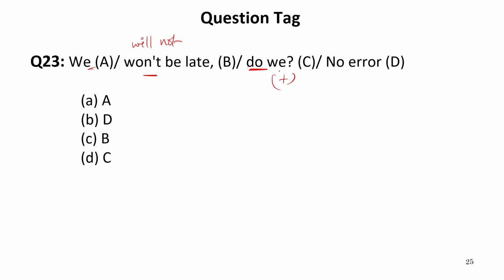Do will not be there because the sentence contains a modal. So we have to use a modal over here as well. We won't be late. It should be will we. So our answer is C, that is D.